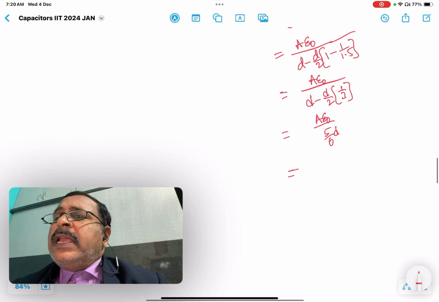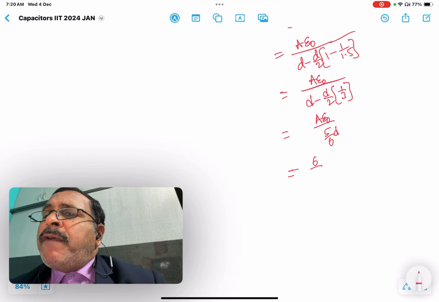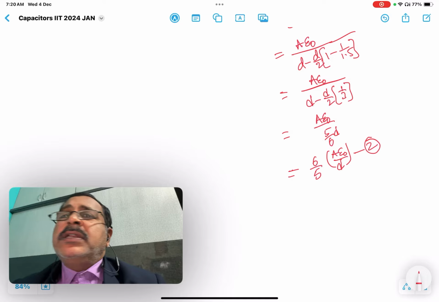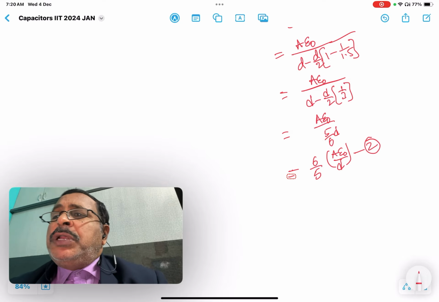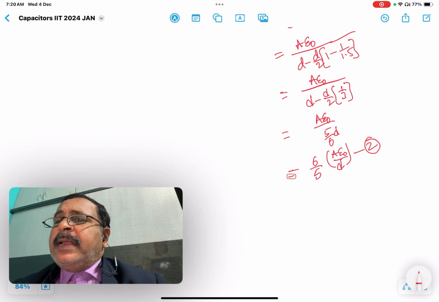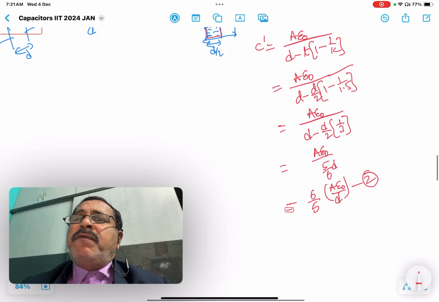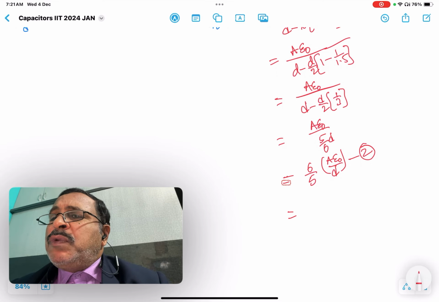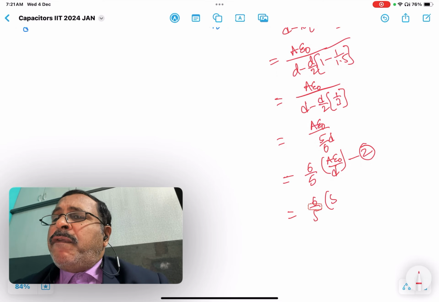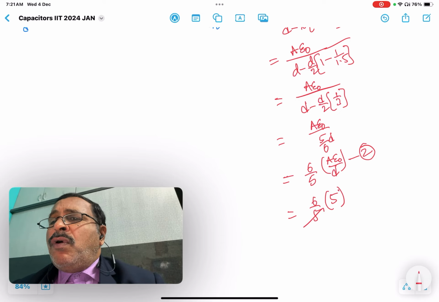So finally 6 by 5 into A epsilon naught by d. My dear students, this is second equation. Substituting by observing first and second, first equation was 5, no? So that is equals to 6 by 5 into 5. Therefore, final answer C dash equal to 6 microfarad.